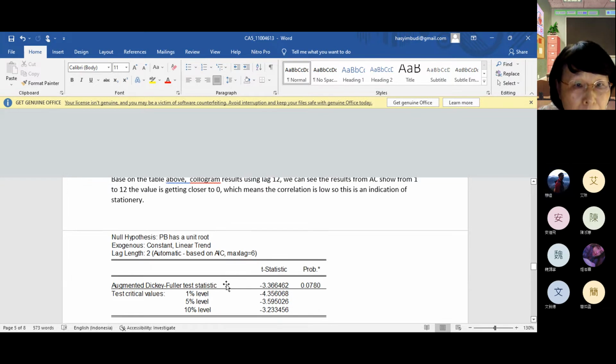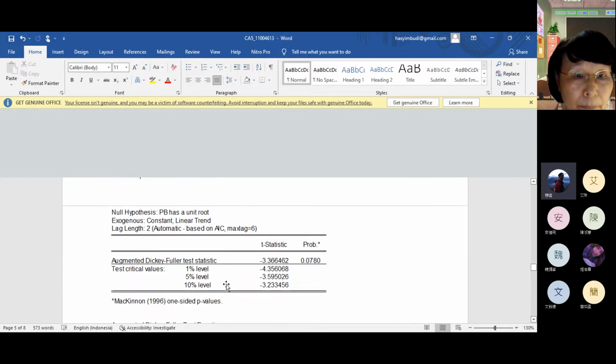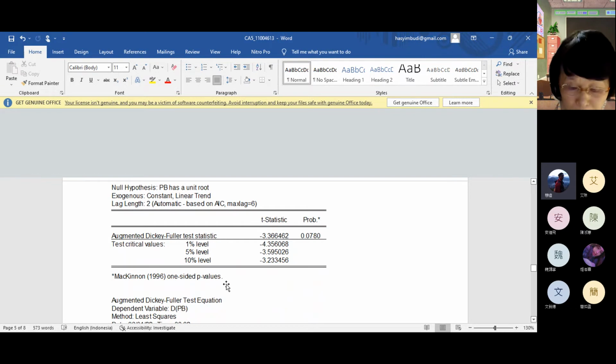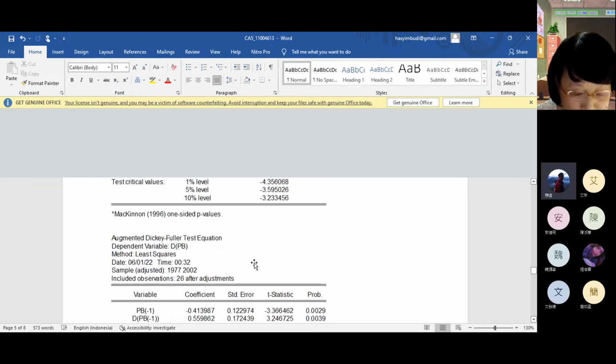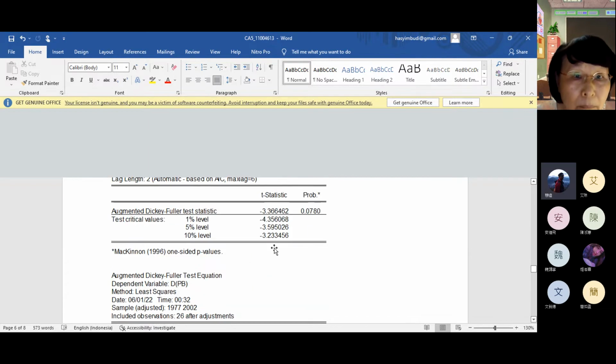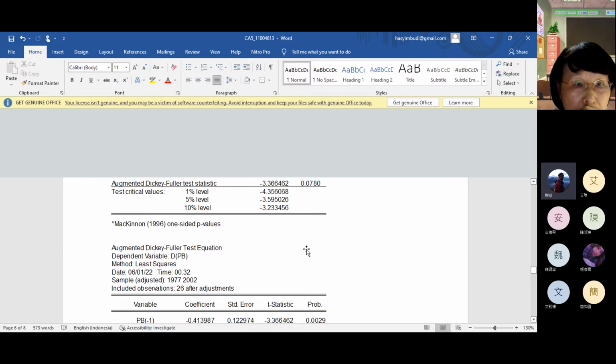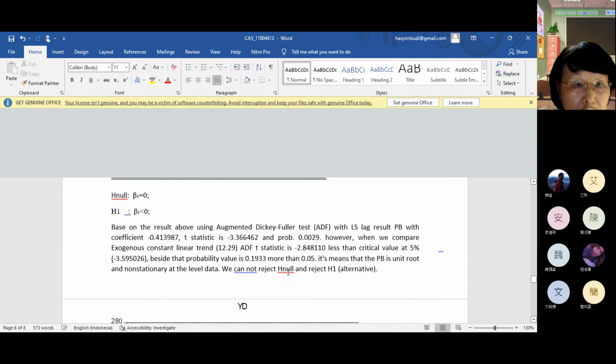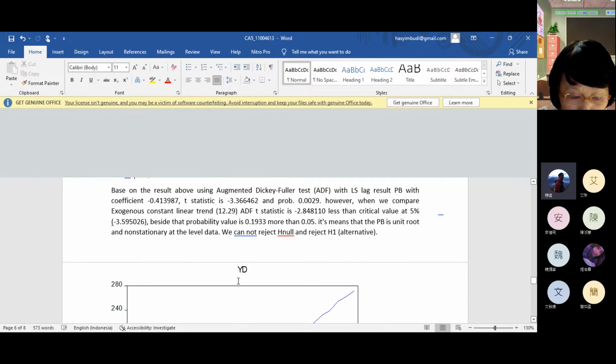Yeah, non-stationary. Okay, and then the ADF is still less than the 5% level, and the probability is not significant. This means we cannot reject its null and cannot reject its alternative. PV has a unit root and is non-stationary at level data.